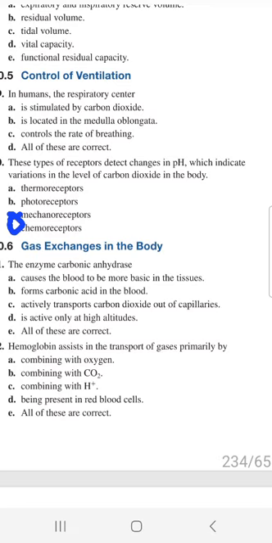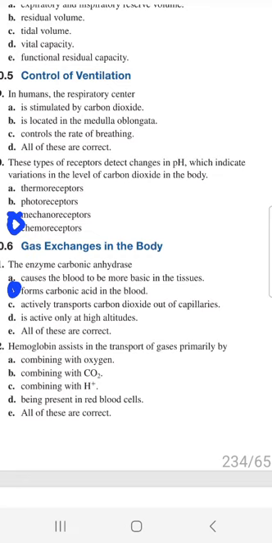So the only correct answer here is that it forms carbonic acid. It doesn't actively transport carbon dioxide out of the capillaries, because carbon dioxide is actually transported passively, and that is by diffusion.